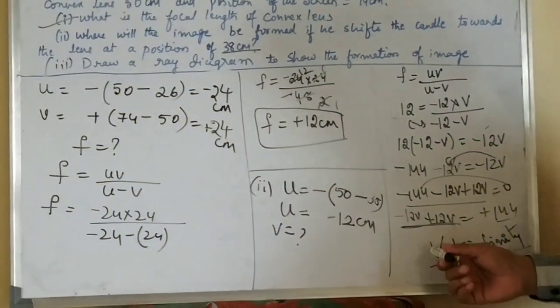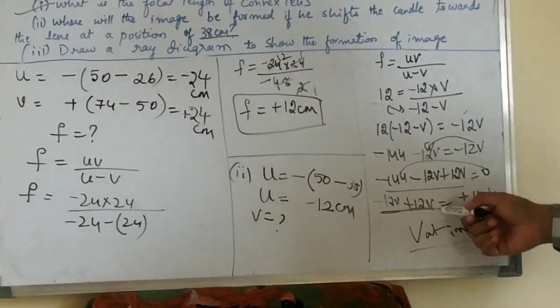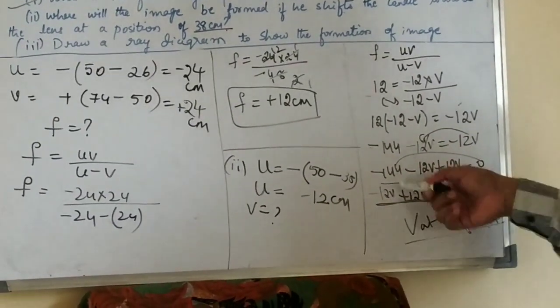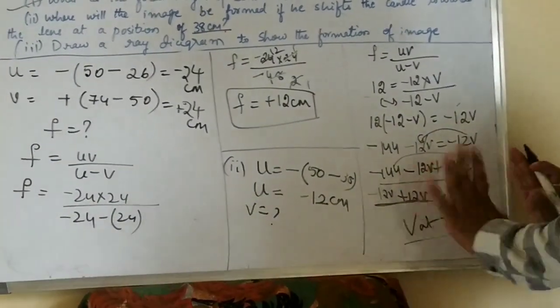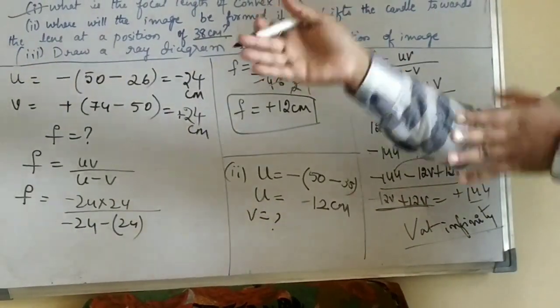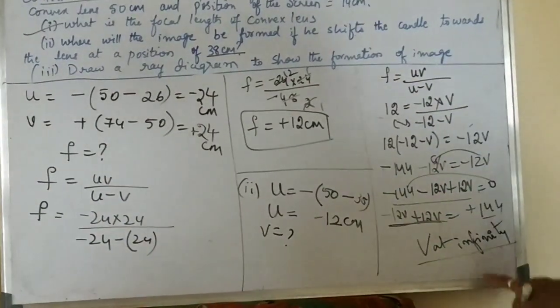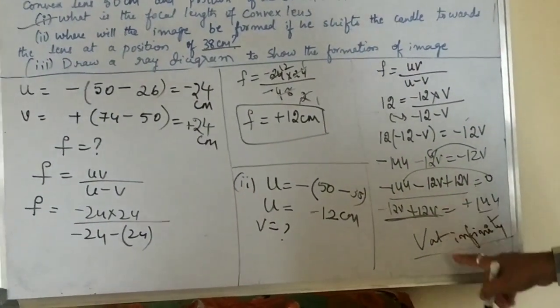But here the v value is getting cancelled. Because somewhere the image has to be formed, but it is at a very far distance. What is that very far distance? The image is formed at infinity.